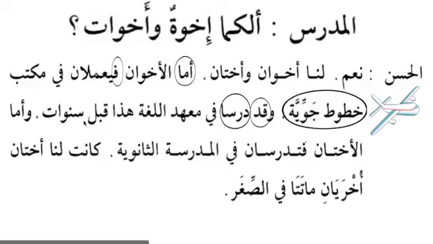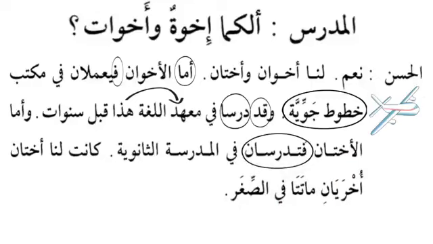Wa amma. So again we are getting amma. Wa ammal ukhtan. So ammal ukhtan, hada comes to that. Fatadrasan. See, fa is your fa for amma. Tadrasan means, if you see here, darasa was the madi, and now here it's mentioned about mudari. So that ta is your alamat mudari.